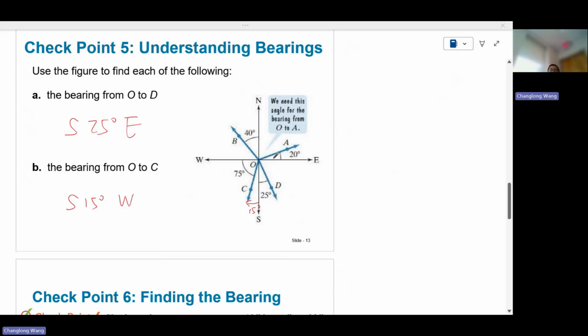Now letter A asks how far the boat is from the entrance. So basically, letter A is asking for the distance between the point O and the point B. The reason why they say the boat turned 90 degrees before the second trip is so that you can have a right triangle.